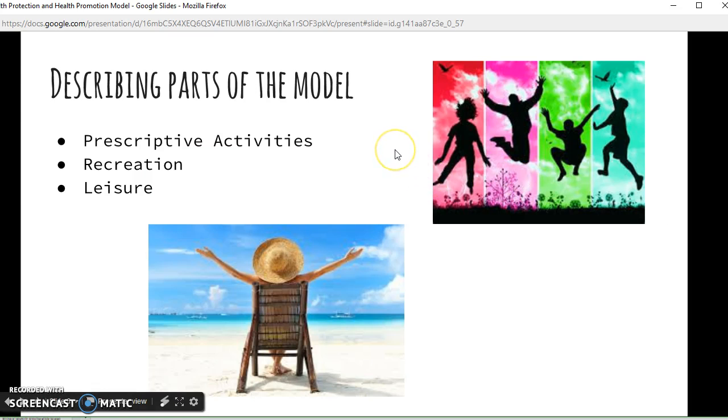All right, so describing those parts in the model. The prescriptive activities include ways that we can overcome the barriers.